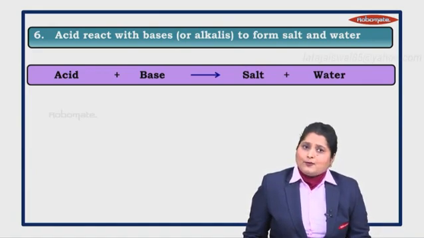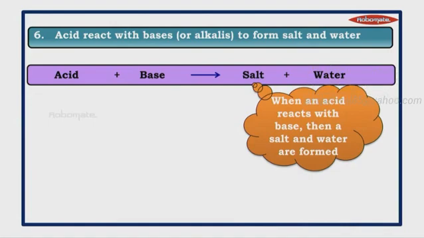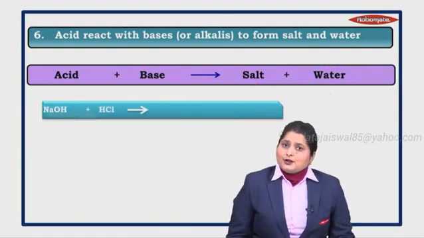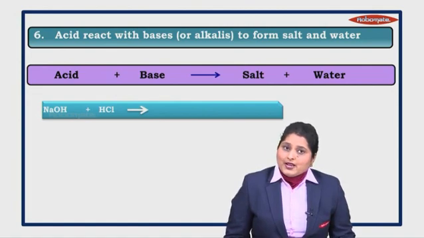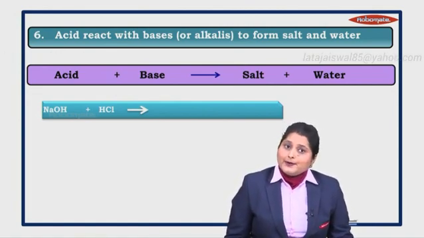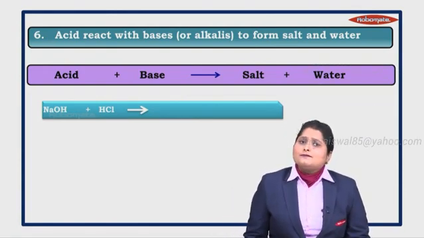Let us put this in the form of a chemical reaction. Before that, when an acid reacts with a base, then salt and water are formed. For example, instead of base, we take NaOH, and instead of acid, we take HCl. They are examples of acid and base. Now, both of them react with each other and there is a formation of salt.